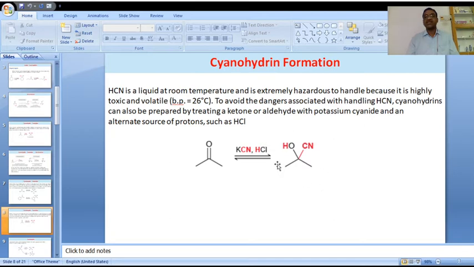Finally we get the cyanohydrin structure from carbonyl compounds using potassium cyanide and hydrochloric acid. It is a suitable reaction for formation of cyanohydrin.